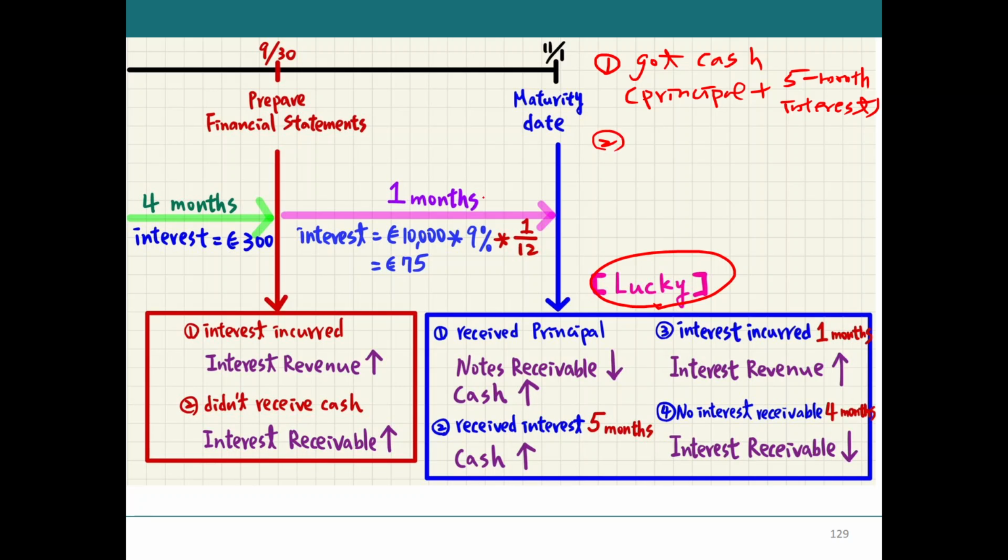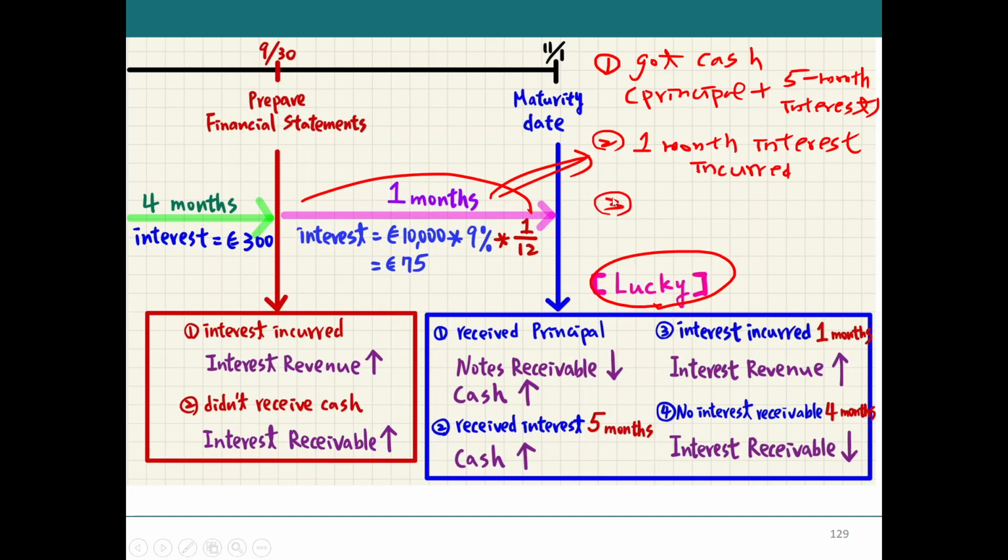Second, 1 month passed right here, so you should tell them 1 month interest incurred. Third, since they pay the money to you, they don't owe you money anymore, right?